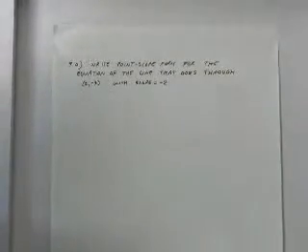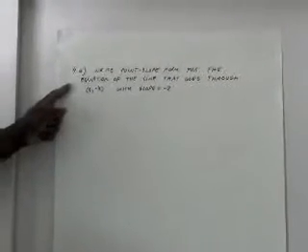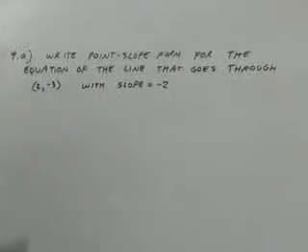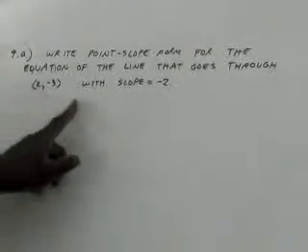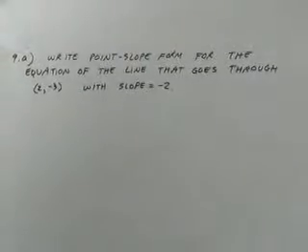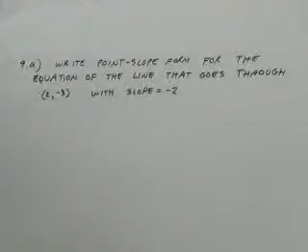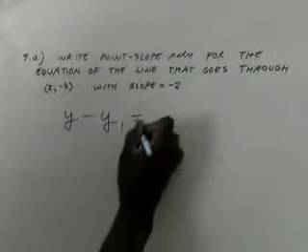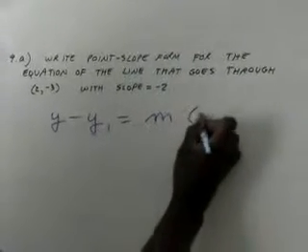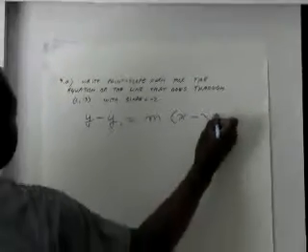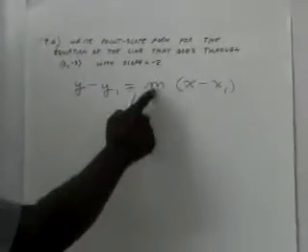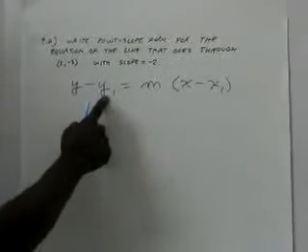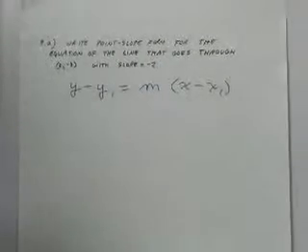Problem 9a, we want to write the point-slope form for the equation of the line that goes through the point 2, -3 and has slope -2. Point-slope form is y minus y1 equals m times x minus x1, where m is the slope and x1, y1 are the coordinates of the given point.